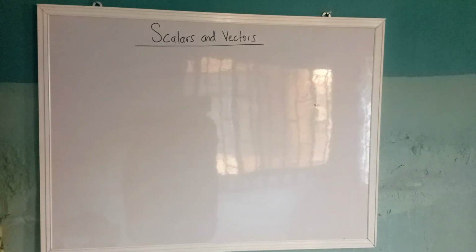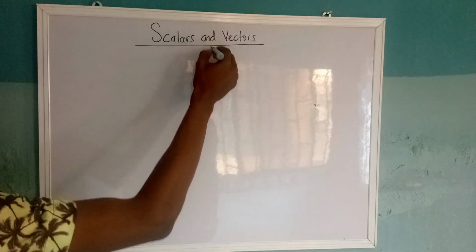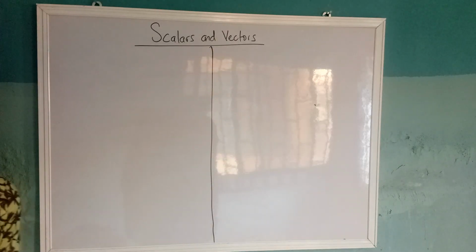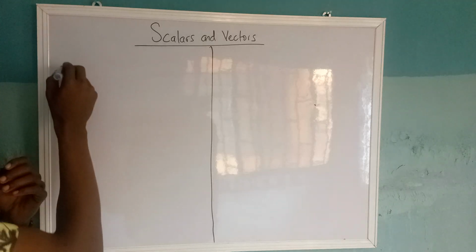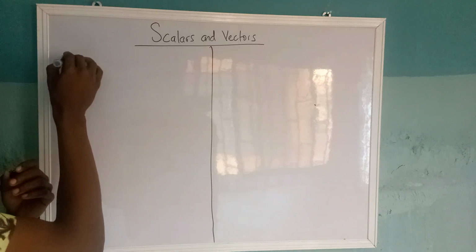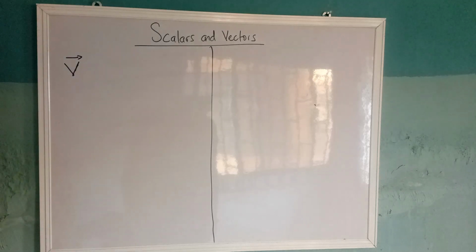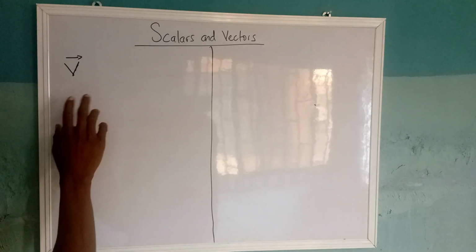Before I go into calculation under vectors, it is imperative to note that vectors are usually represented with an arrow sign. They are pointing in a particular direction.